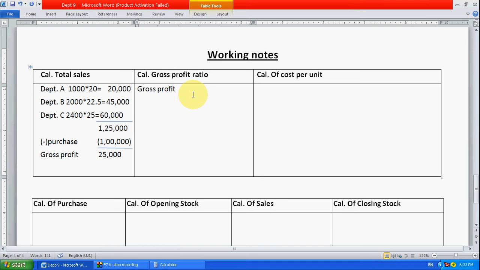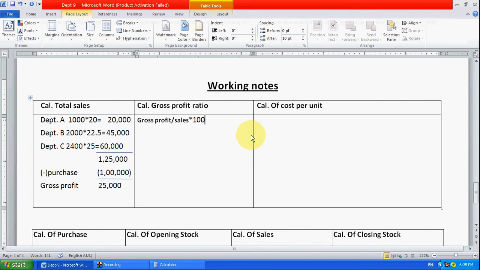Gross profit divided by sales into 100. Gross profit divided by sales into 100.